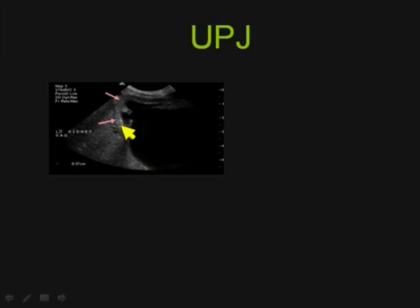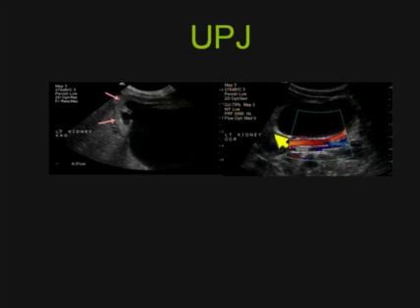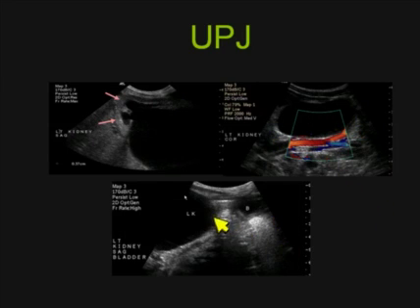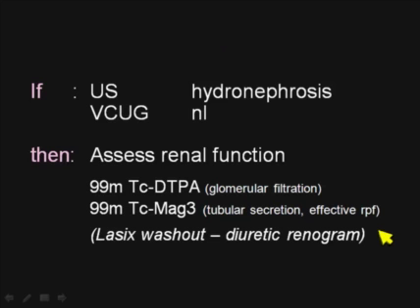Here's another one. There is marked thinning of the parenchyma around these dilated calyces, and there's no corticomedullary differentiation, implying a nephropathy. The pelvis of this kidney was gigantic. It came all the way down to the pelvis, as we can see in relationship to the bladder.